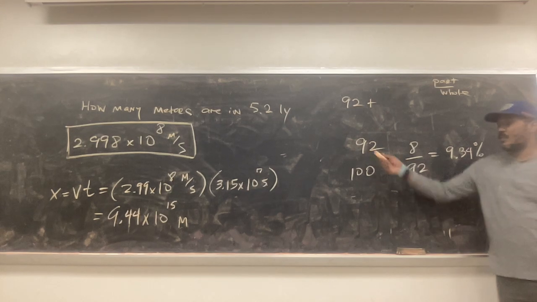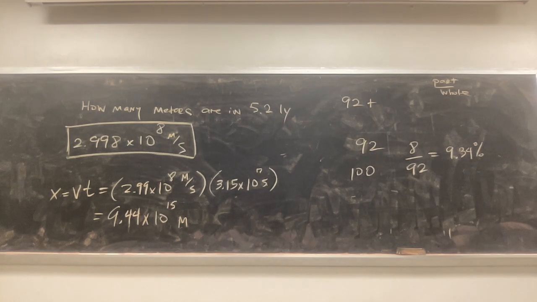And when it says by what percent, part of it is 92, and whatever percentage you calculate has to be the other part, which would be 8. So that's why it has to be 9.3, and that's why this has to be 92.